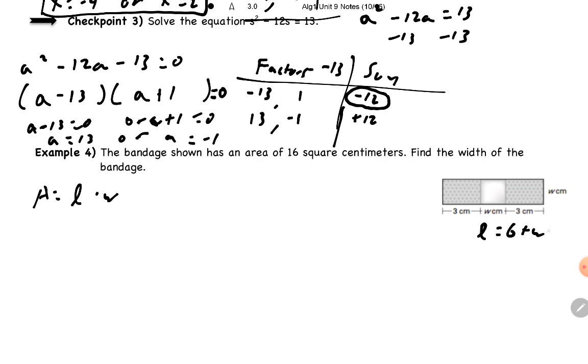So 6 plus w. And then the width is w. So the area, they tell us to be 16, is equal to length, which is 6 plus w, times w, which is our width.